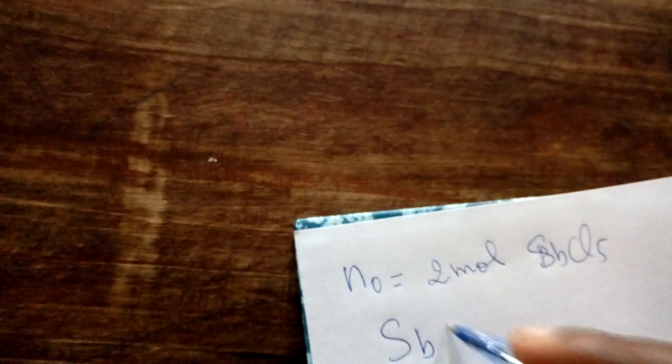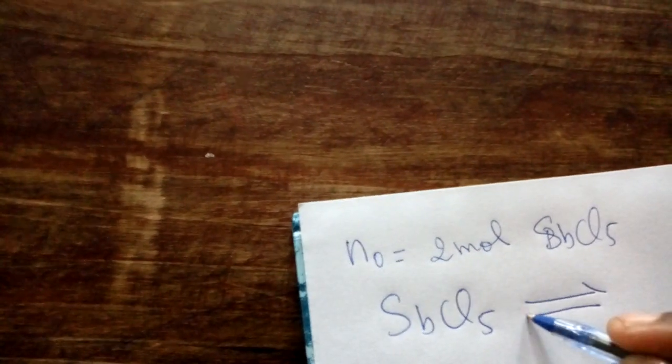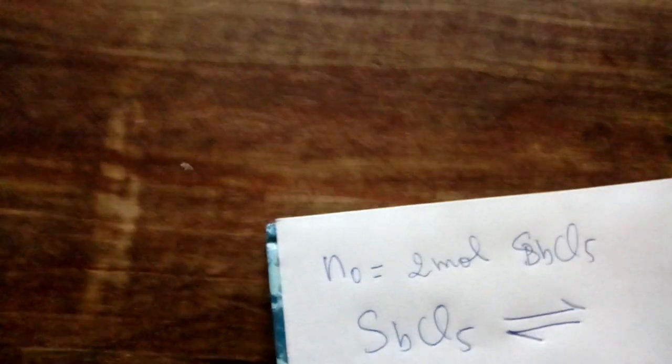But here we cannot forget to write the equation. Antimony pentachloride is dissociated with equilibrium to give antimony trichloride with chlorine.